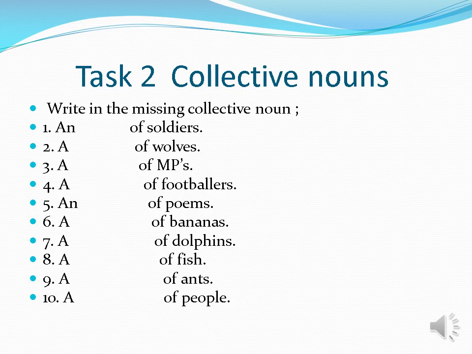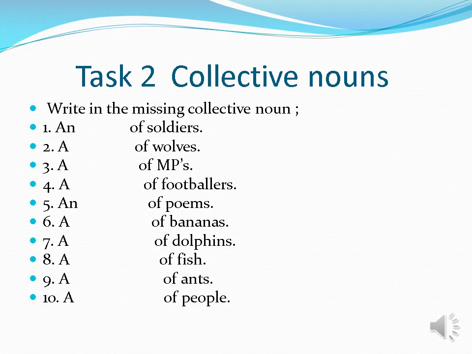Okay, so number one, an something of soldiers. Number two, a something of wolves. Number three, a something of MPs. There could be a number of answers to that one, but I've written just one. Number four, a something of footballers.